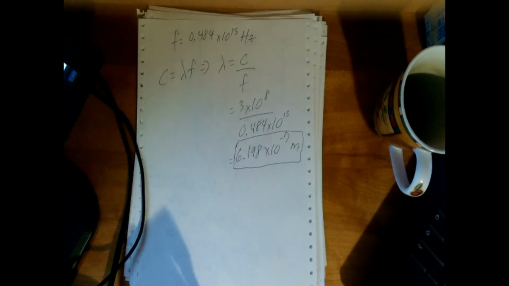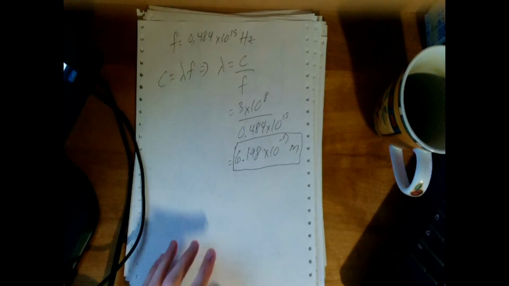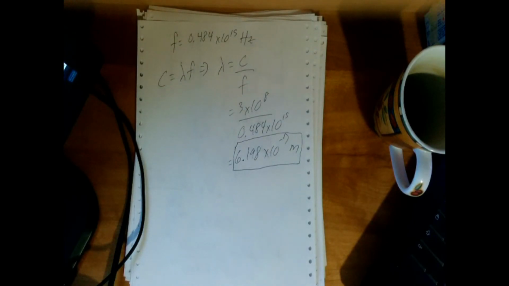So that is how to deal with energy levels, how to find the frequencies and wavelengths that we would detect in a spectroscopy experiment due to these transitions. Would you have some questions or comments?